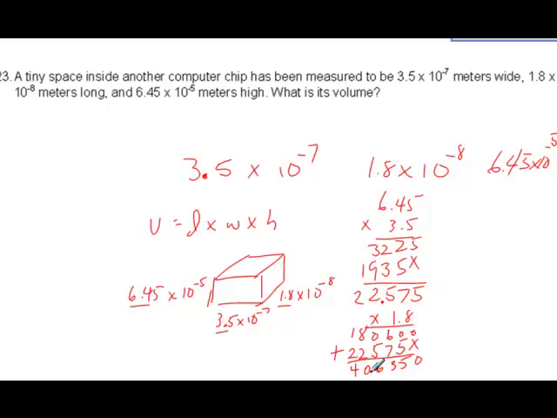Is this number ready for scientific notation? No. So I've got to remember that. Okay. 10 to the negative 5th, 10 to the negative 7th, 10 to the negative 8. What do I do with those? You add them up. So it's negative 5, negative 7, negative 8.